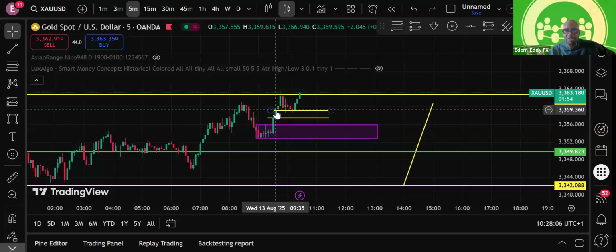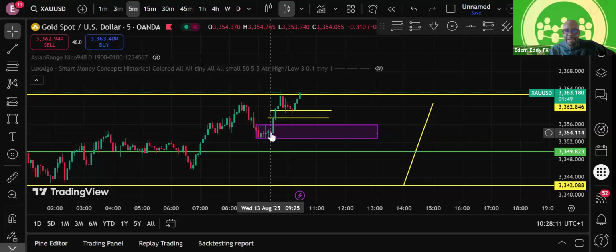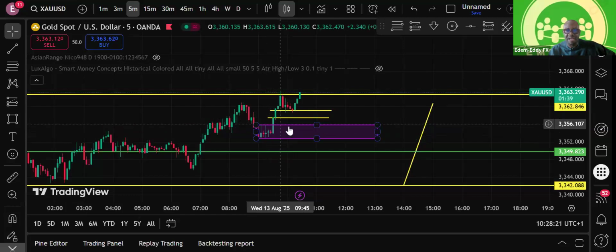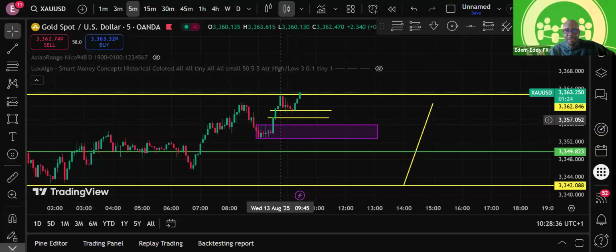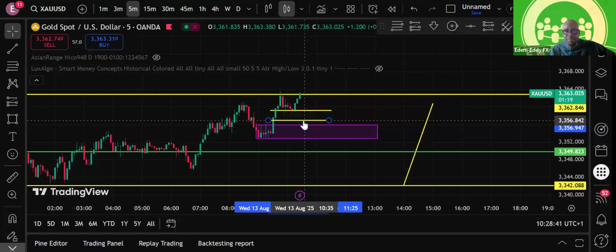Because there are overlapping fair value gaps here, there's this red candle here, and then there's a gap here. So there are two fair value gaps overlapping around here. And in our SMC, we are taught that you target the widest gap, which will be the one below. So there's another fair value gap here between this red candle and the wick of this one.